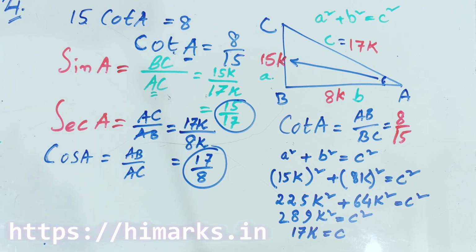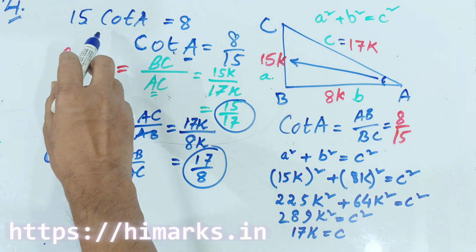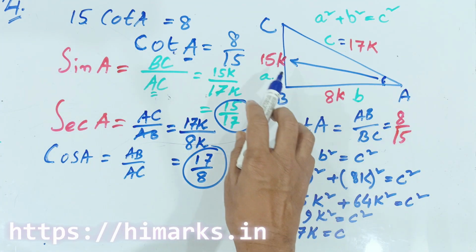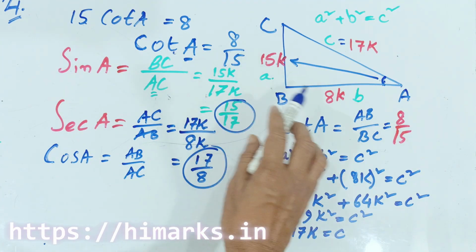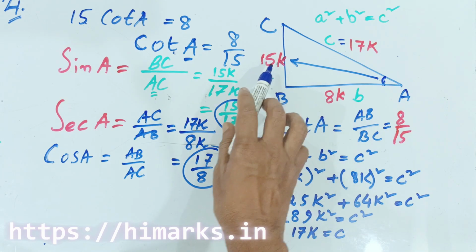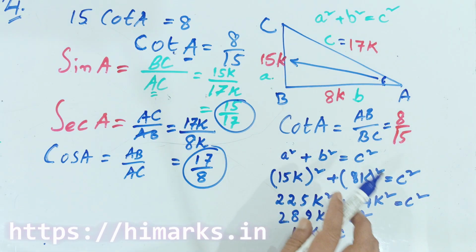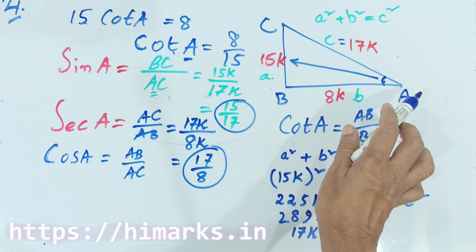In this exercise, what is expected is that you know the Pythagoras formula used for the right angle triangle. If cot A is given, from cot A you map it correctly, see which side. So 8 by 15, 8 will be here and 15 will be here. With that, you do the Pythagoras calculation and find out the unknown sides.